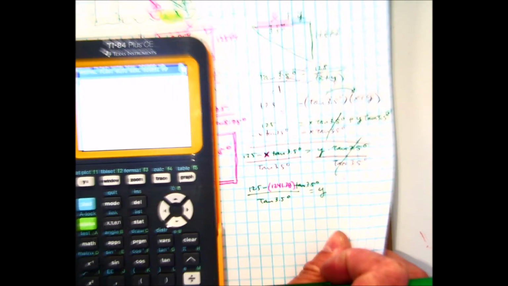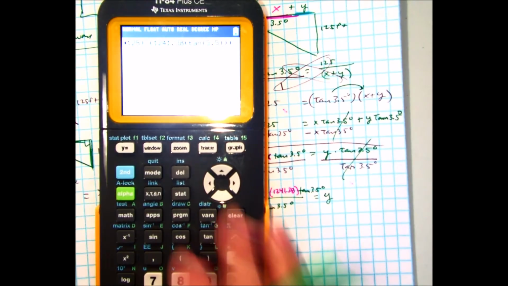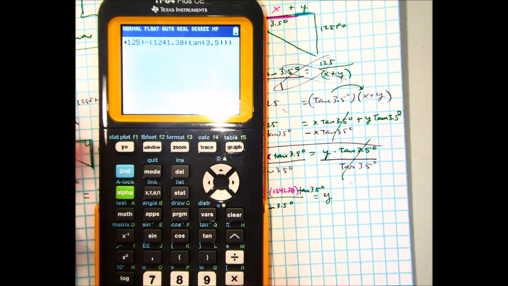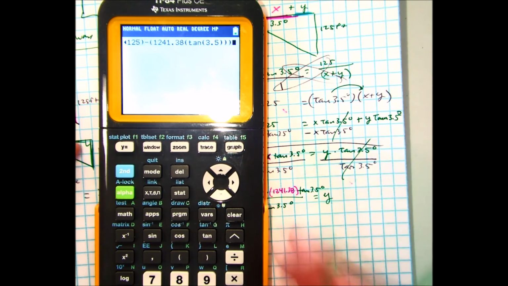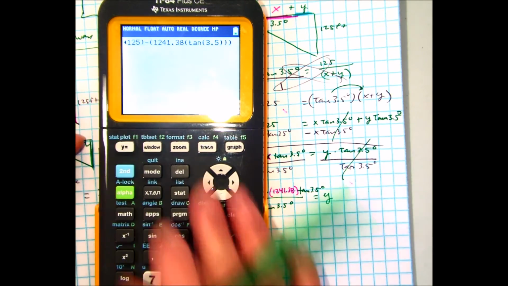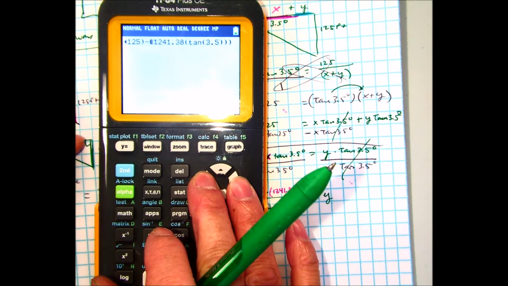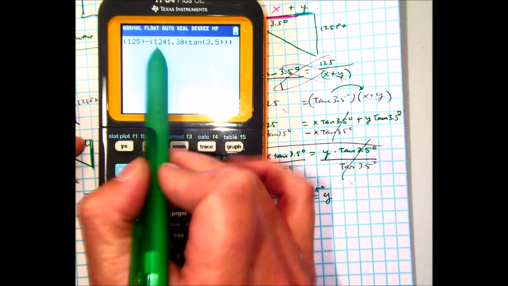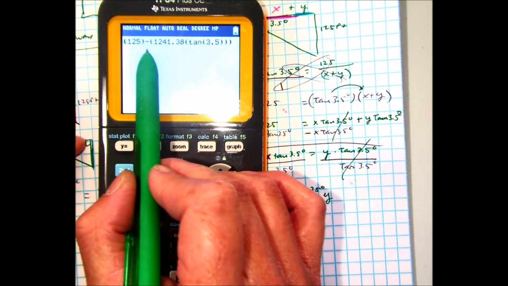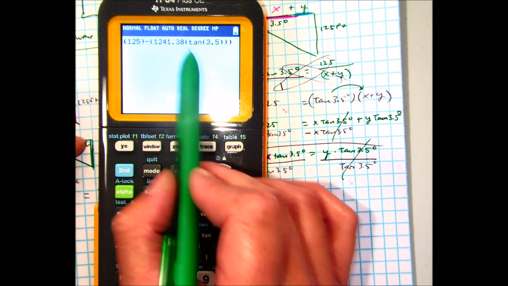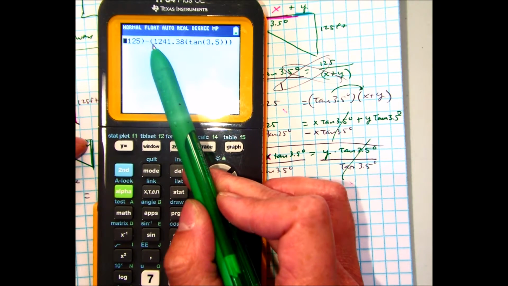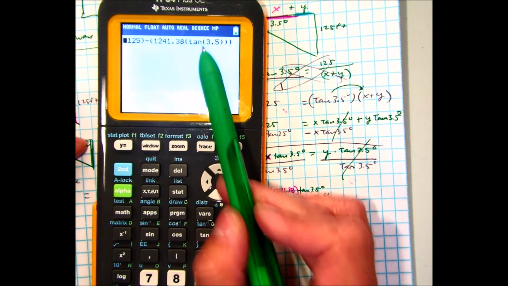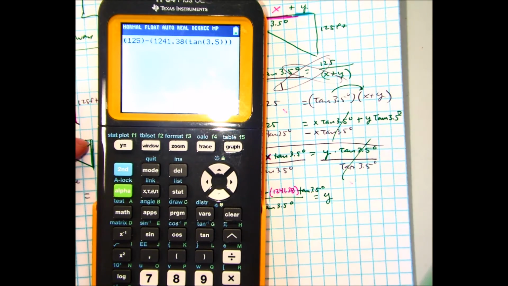Zoom back out. So if you have that arrow, it just means you have a lot there. So I did 125 minus, then all of that, so open parentheses, 1,241.38 times tangent of 3.5. Over here I have 3 open parentheses, and I have 3 closed parentheses there.